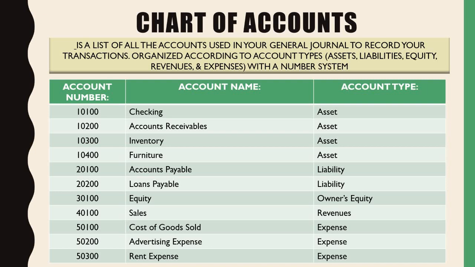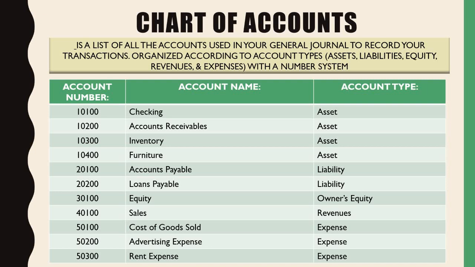Whether it's like some kind of 5-number sequence, or it could be a mix of numbers and letters and numbers. But in this case, it's standard if it's just, 10,000s are your assets, 20,000s are your liabilities, and so on and so forth, okay? Now, what you're going to notice is the chart of accounts is created by the accountant, okay?